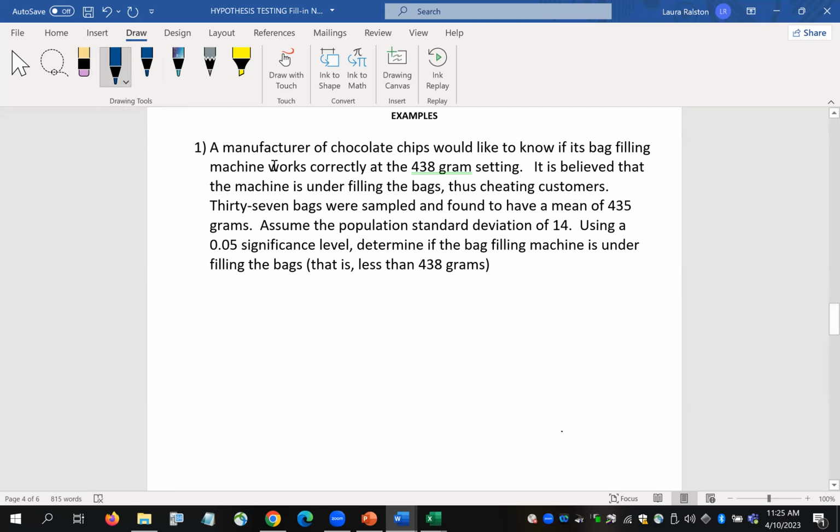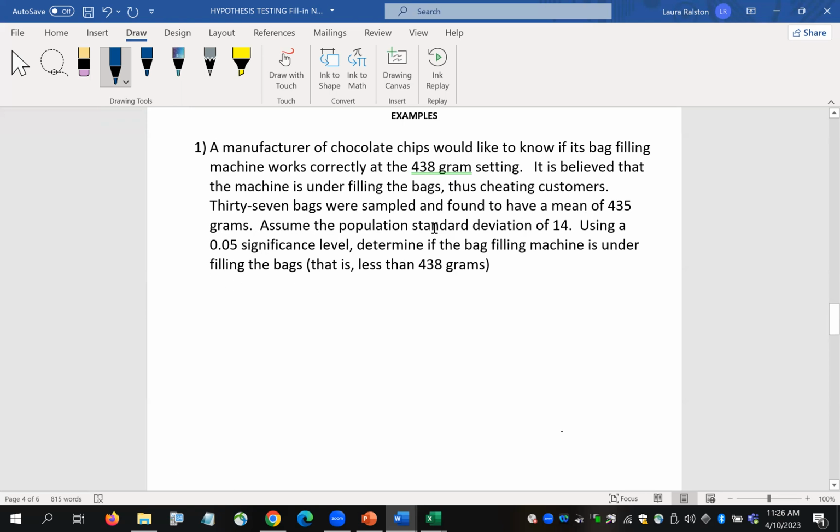It says, a manufacturer of chocolate chips would like to know if its bag filling machine works correctly at the 438 gram setting. It is believed that the machine is underfilling the bags, thus cheating customers. 37 bags were sampled and found to have a mean of 438 grams.